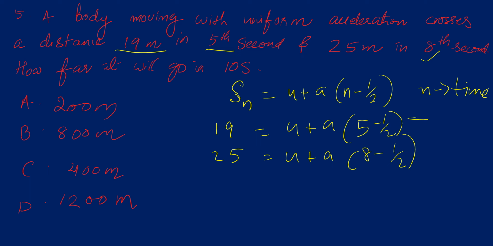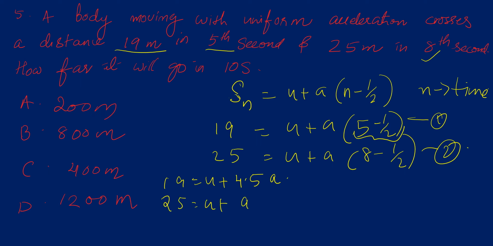We can rearrange equations 1 and 2. 19 equals u plus 4.5a, since 5 minus half is 4.5. And 25 equals u plus 7.5a.